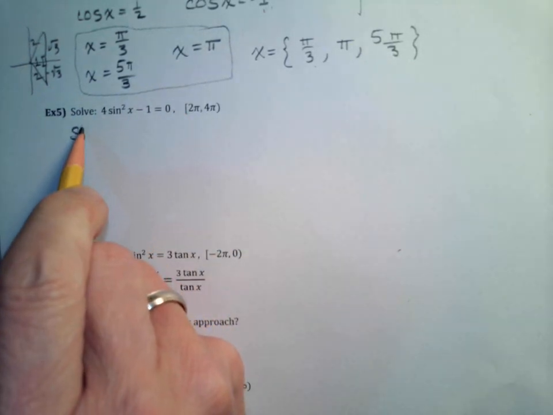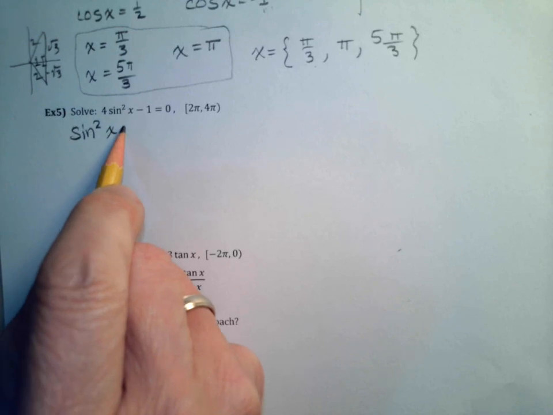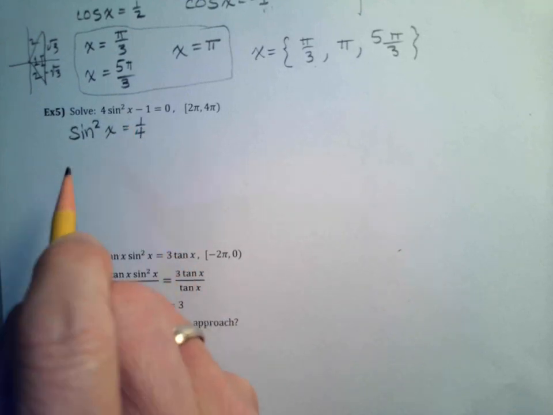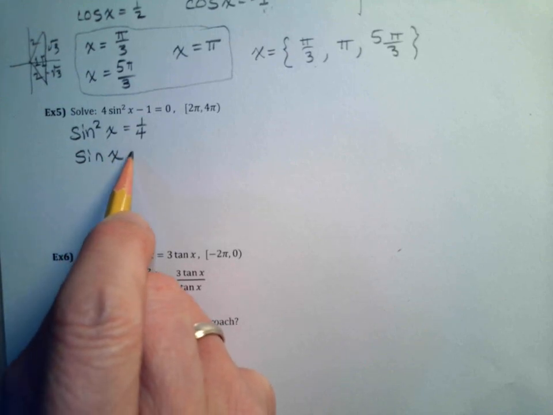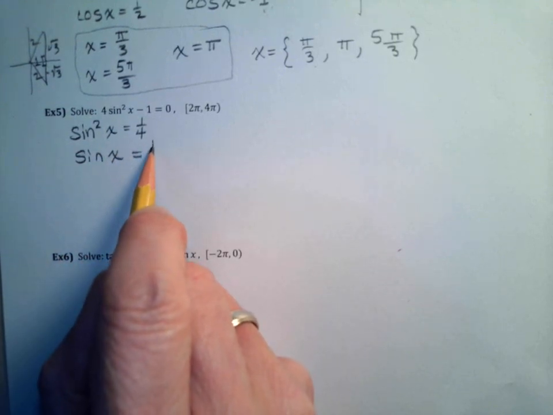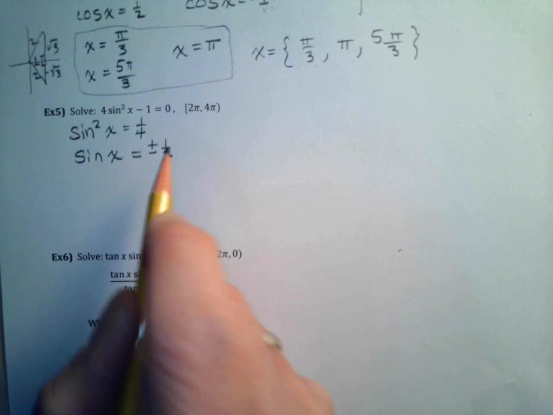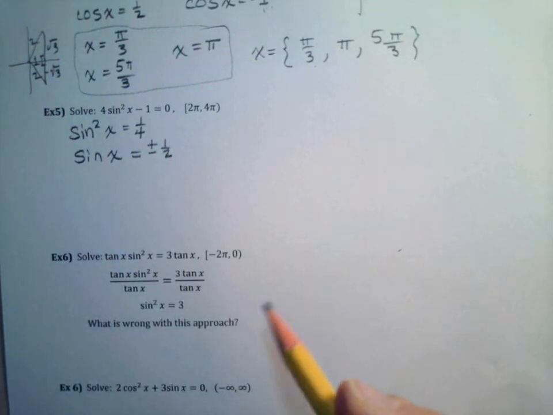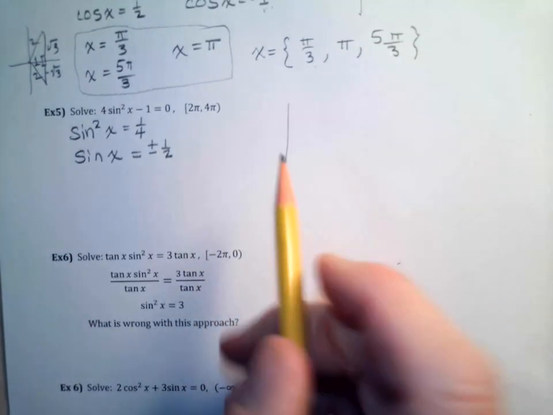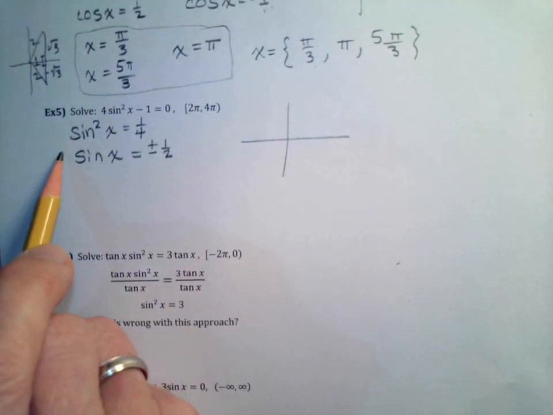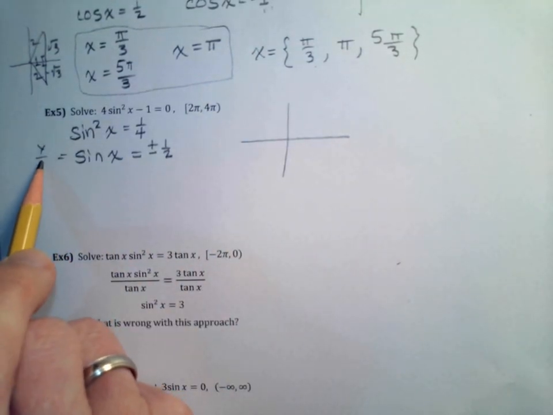So we get sine squared x equals 1/4. Taking the square root, sine x equals plus or minus 1/2. So where are we now? Remember sine is equal to y over r.